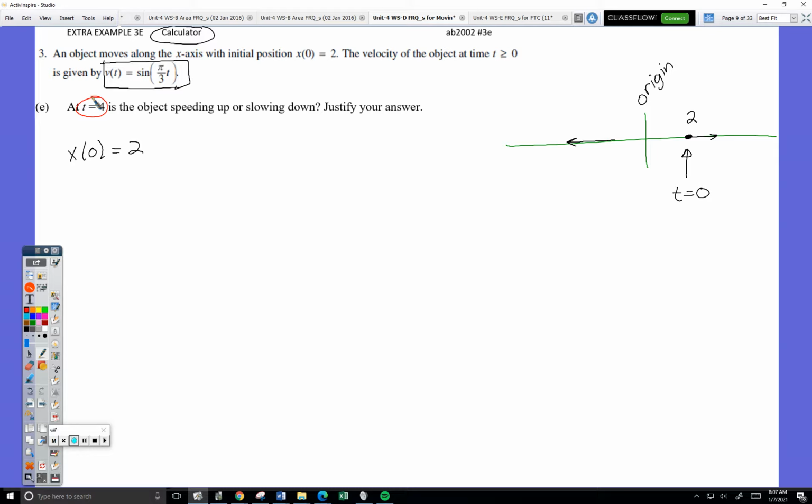Okay. Most people think that the way to answer this question is to go find the object's speed, say at time 3.9, and then compare that to the object's speed at time 4.